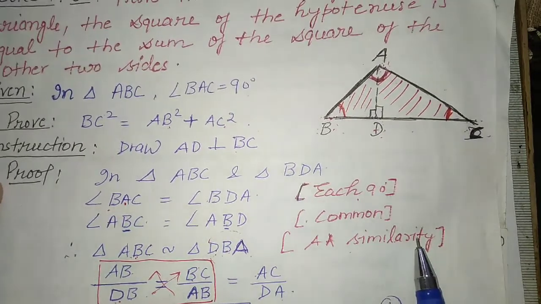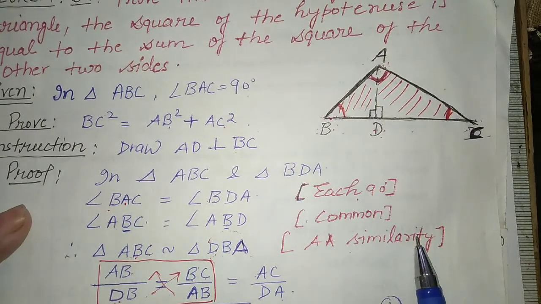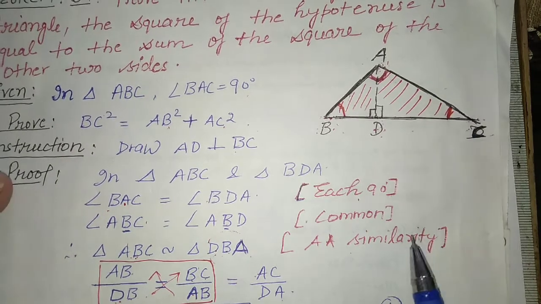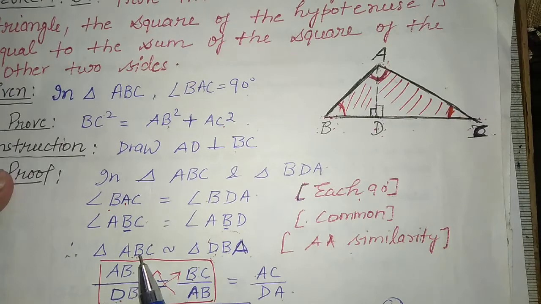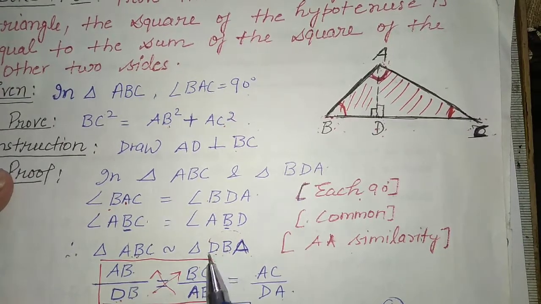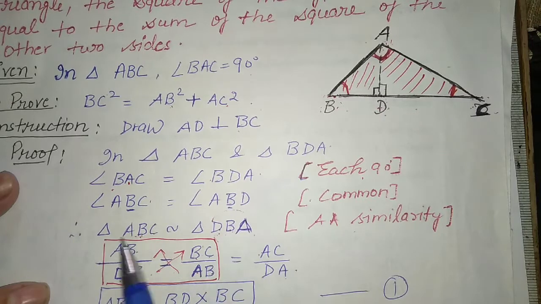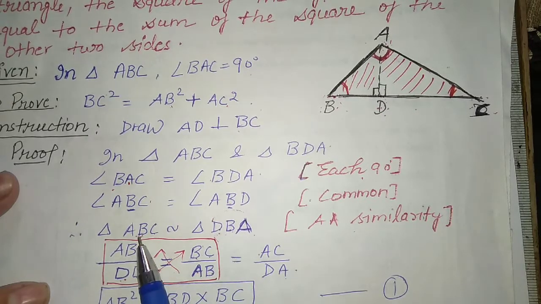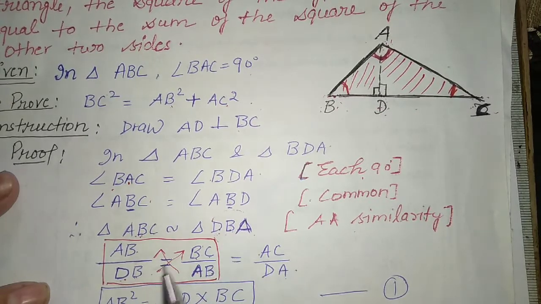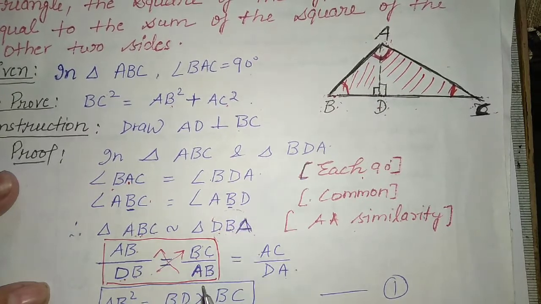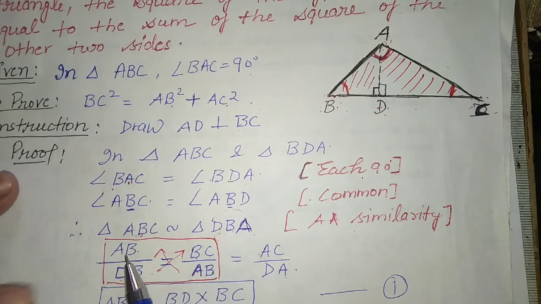So hence we can say the sides are in ratio. AB upon DB, the first two vertices will decide the one side, is equal to BC upon BA, or AB we can write here because here we have written AB.